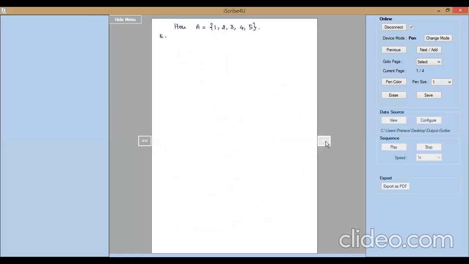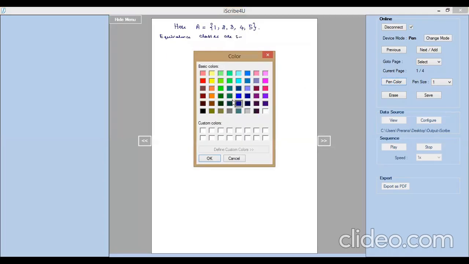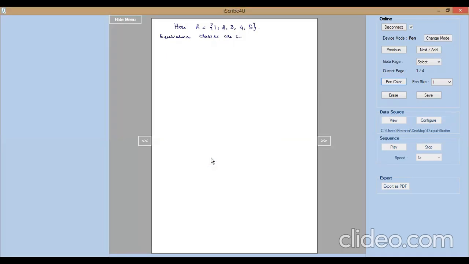Equivalence classes are. So I'll write down first for 1, 1. Just now we saw in the previous sub question, it is just 1, 1. Then coming on to 1, 2, sum should be equal to 3.